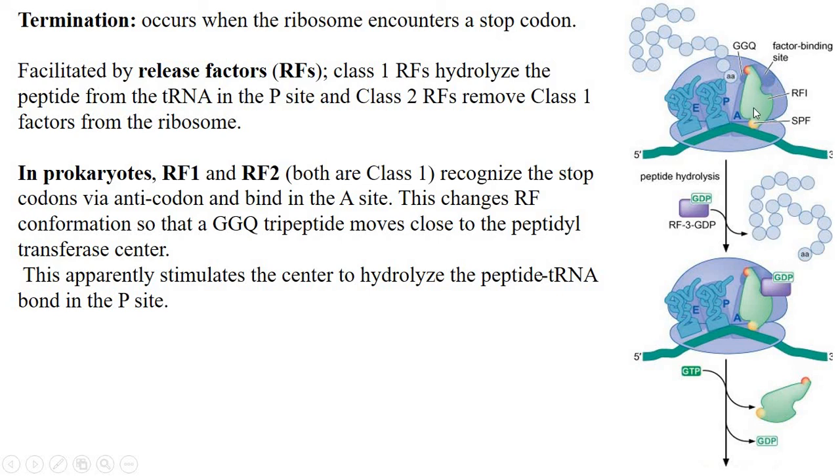This RF1 is the class 1 release factor in prokaryotes. Prokaryotes, remember, have 2 of these class 1 factors depending on the stop codon. For this stop codon, it's RF1. This RF1 comes and binds. RF1 has the sequence GGQ. This GGQ is important. This tripeptide moves close to the peptidyl transferase center.